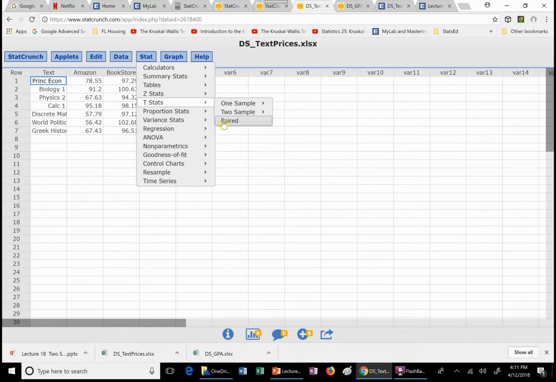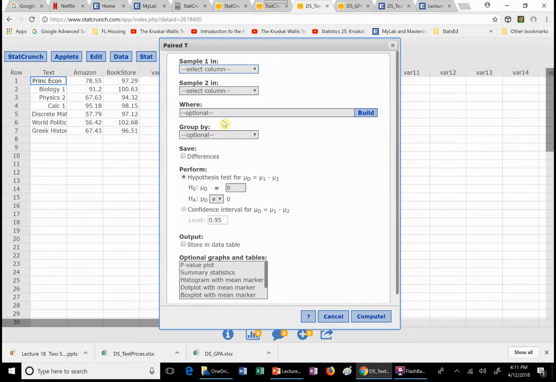It's also a two-sample t-test, but they give it a special name. And click on that. And notice that it's exactly the same. The format of how you enter the things is exactly the same, right? I'm going to click on my first variable, click on my second variable, make sure I set up my hypothesis test the right way. Notice here it's a little bit different. So we don't really use mu1 and mu2. We use mu_d. That's the mean of the difference.